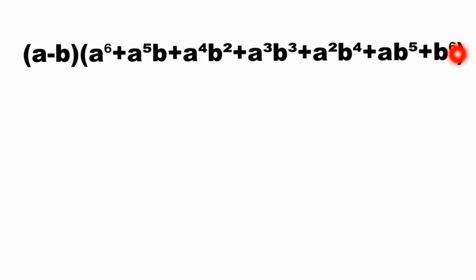So the answer for this one is you just multiply this one and this one. a times a to the 6 is a to the 7, and minus b times b to the 6 is b to the 7 power. So the final answer is a to the power or exponent 7 minus b to the power 7.